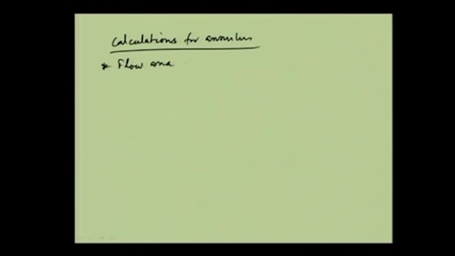Then we have calculations for the annulus. In the annulus, the flow area again has to be calculated. This is pi by 4 into di square, that means the inner diameter of the bigger pipe, minus the tube outer diameter, whole square.